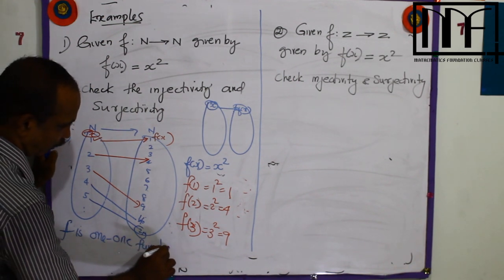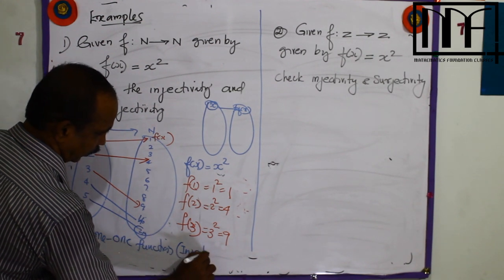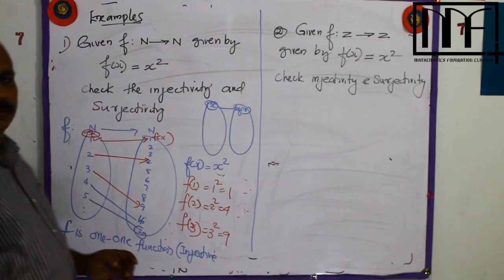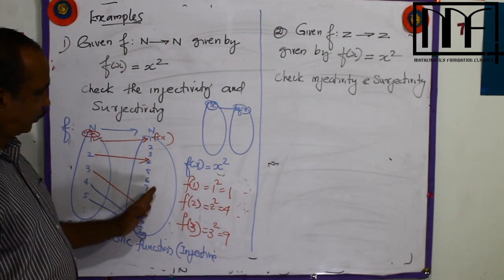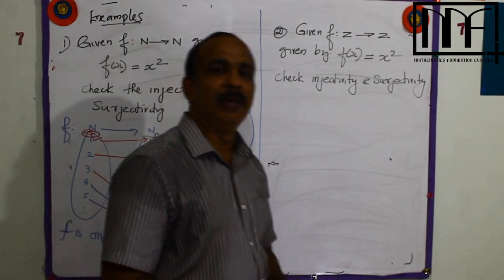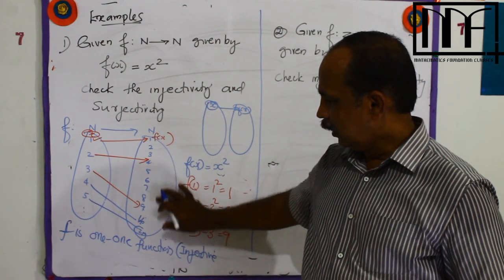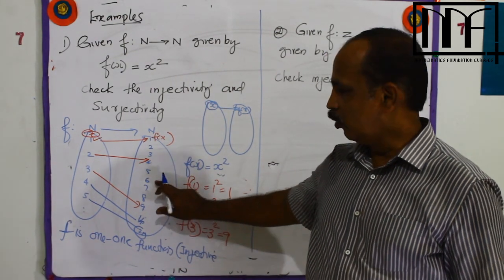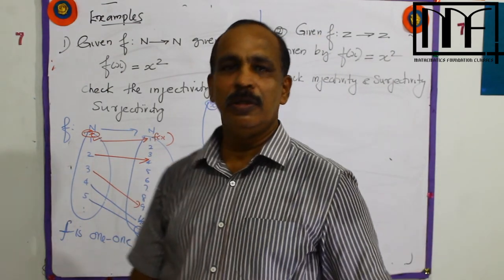One-one function means it is injective. But there are some elements in the codomain which are not the images of some elements in the domain. Therefore, it is not onto.